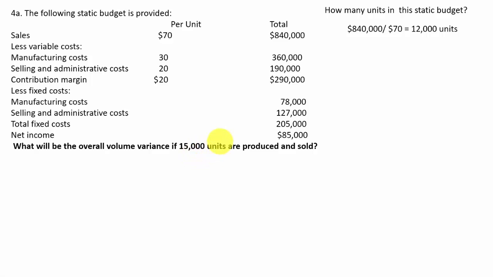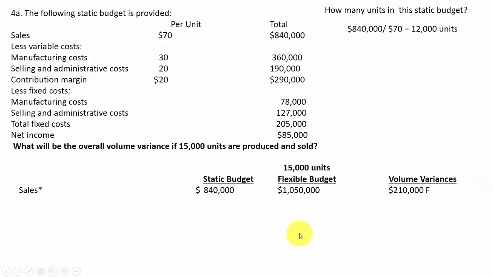So let's do that. So here's our 15,000 units we actually produced. And we're going to have three columns: what happened under the static budget, what happened under the flexible budget based on 15,000 units, and then the volume variance. Our first one will be static budget.